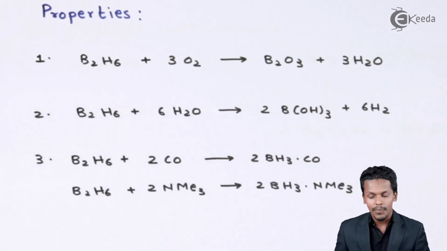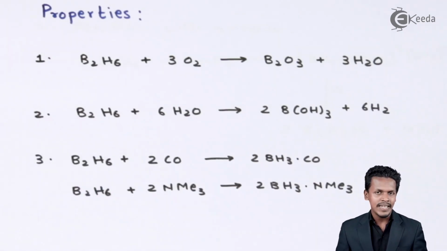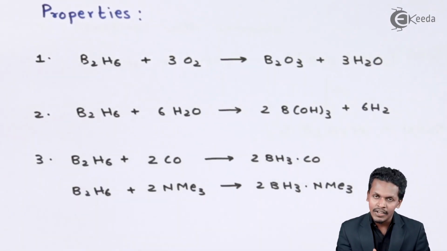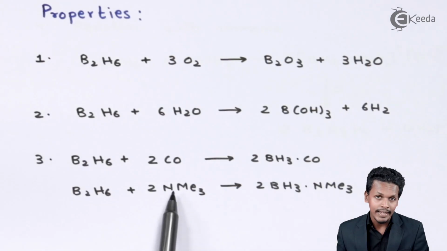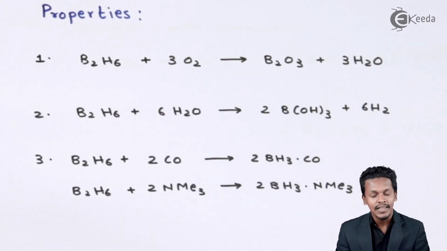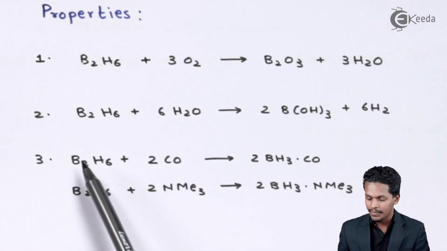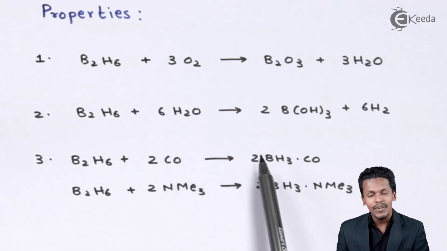So whenever B2H6 is reacted with a Lewis base, like carbon monoxide, or tertiary amine, in this case we'll get a reaction where B2H6, when it reacts with a Lewis base like 2 moles of CO, gives an adduct.